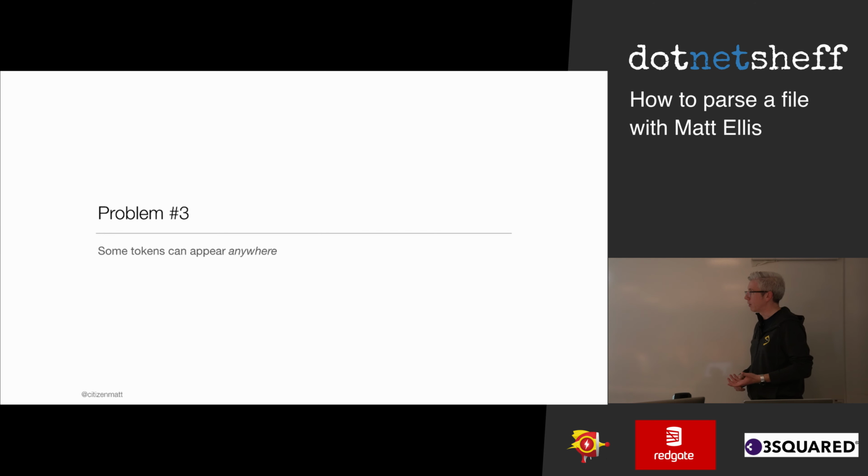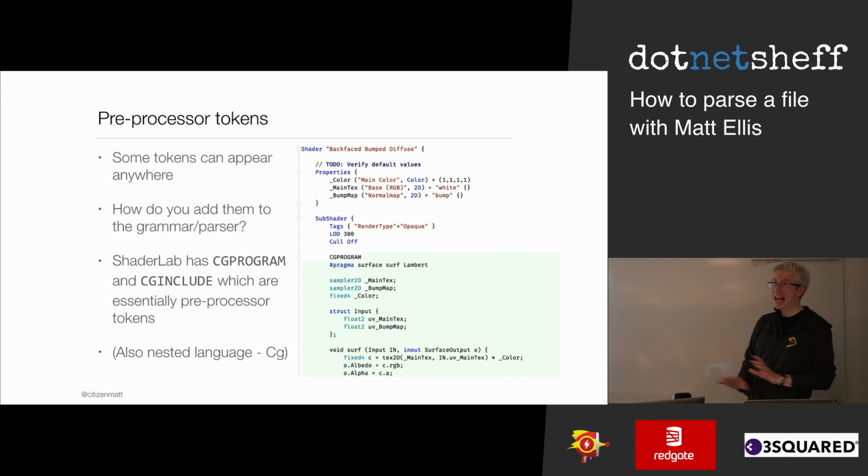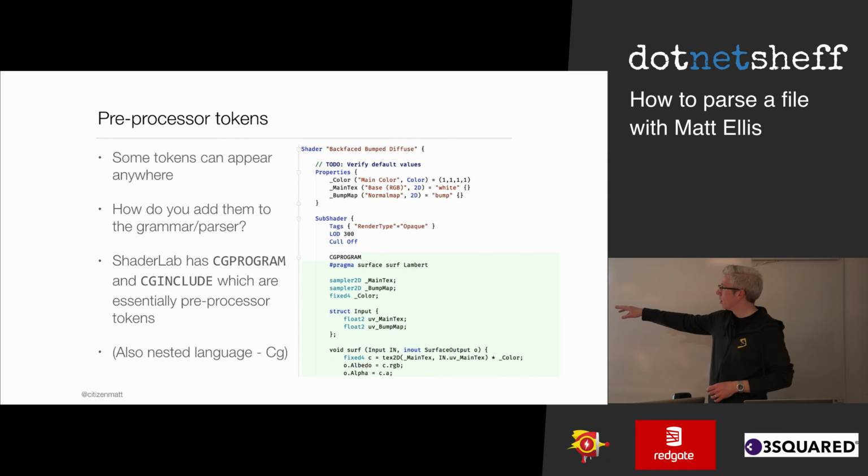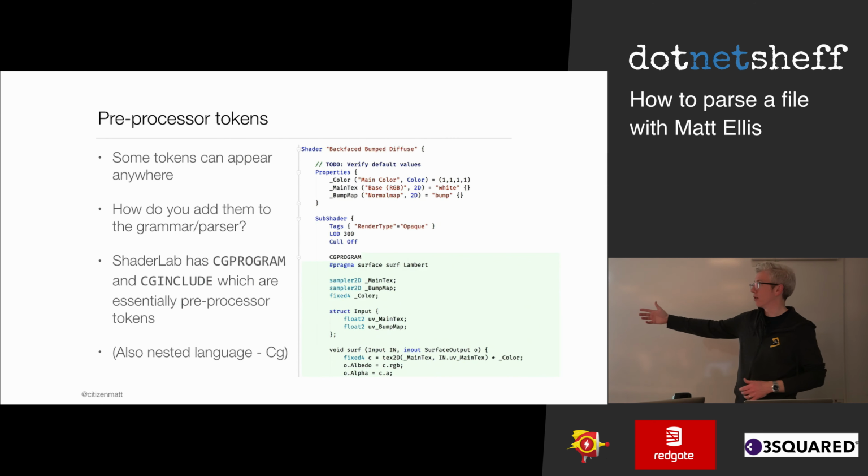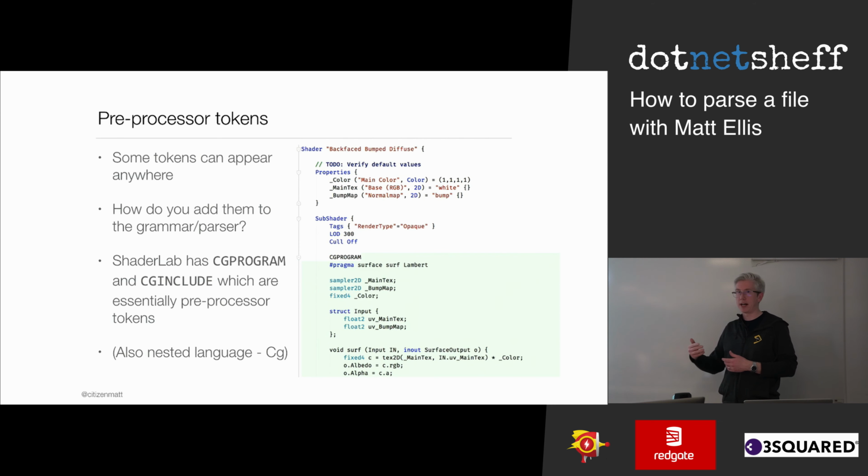There's another issue as well, which the ShaderLab one threw up, is that some tokens can appear anywhere in the code. So in the ShaderLab file, we've got this idea of preprocessor tokens effectively. We've got the CG program block down at the bottom there. So the whole CG program block is parsed as a different language, actually, as a CG stuff which talks about GPU and does things.